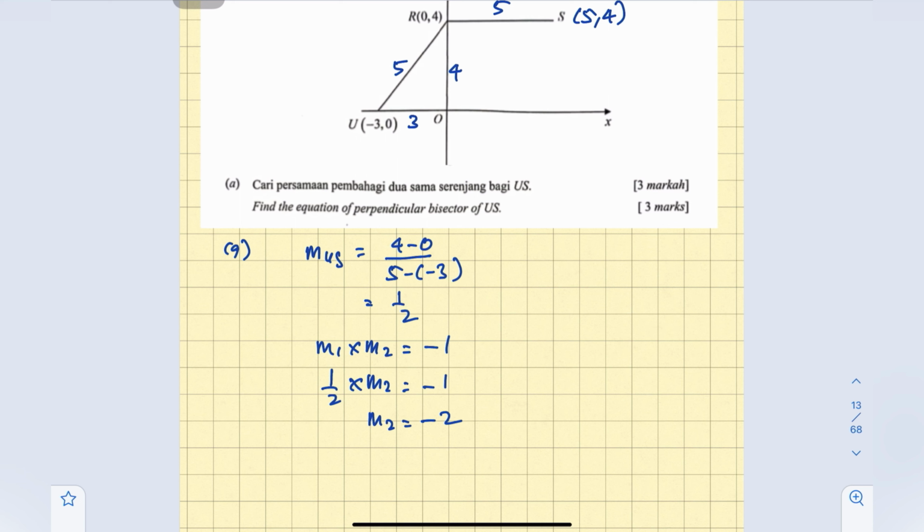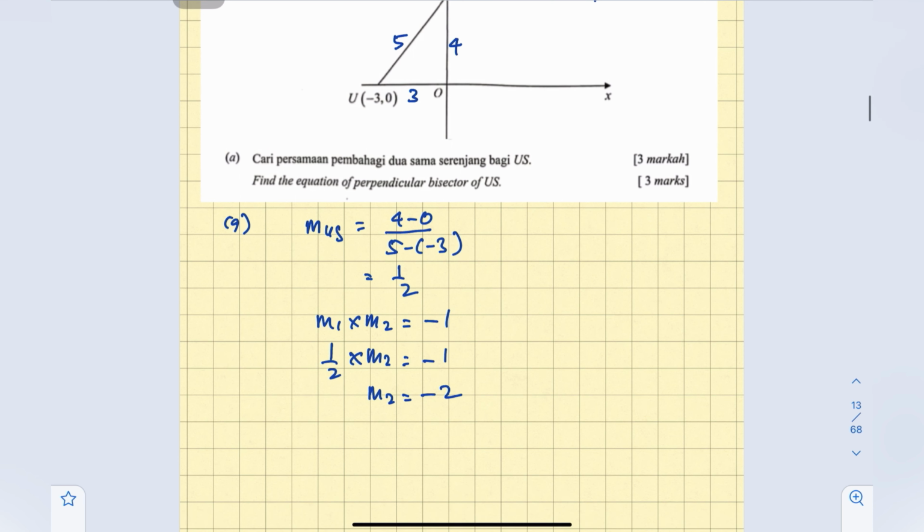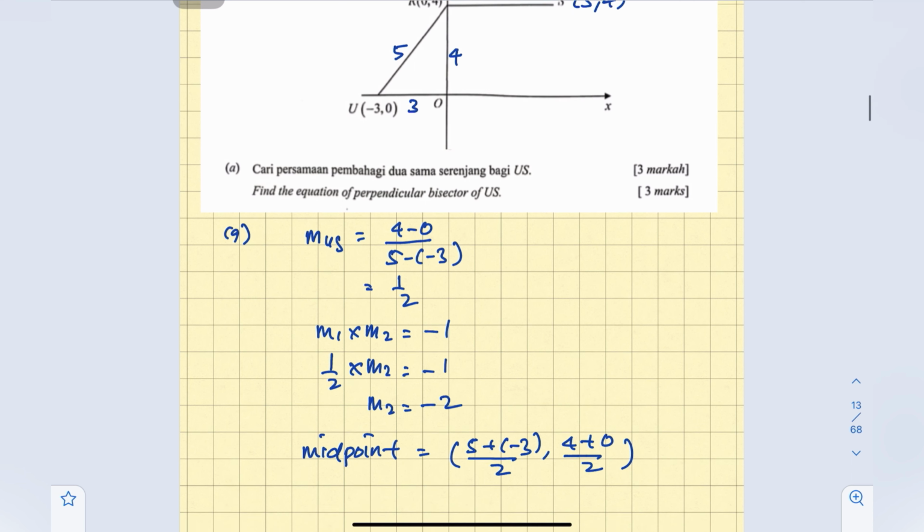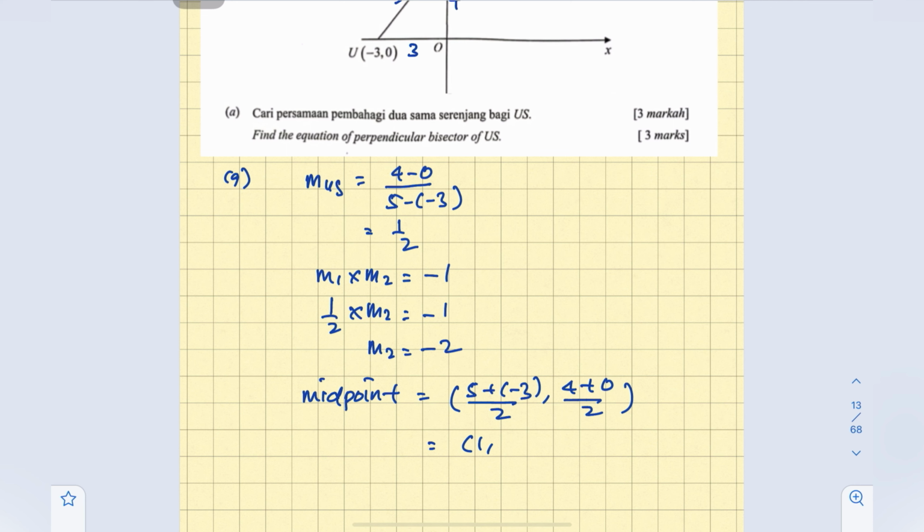Okay, so then we need to find the midpoint as well, because this midpoint will be where the perpendicular bisector passes through. So the midpoint is (5 plus negative 3) over 2 and (4 plus 0) over 2, which equals (1, 2).